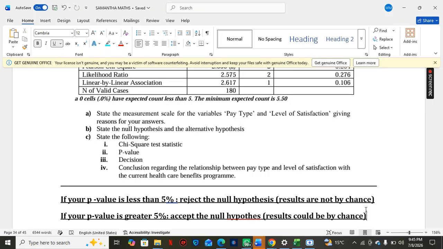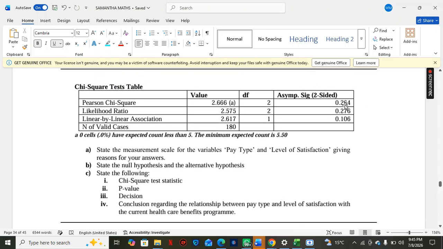So if your p-value is less than 5%, then it means there's a low probability that your results are by chance. But if it's greater than 5%, high probability that your results are by chance. So in this question here, our p-value is this one here. Have you seen this Asymp.